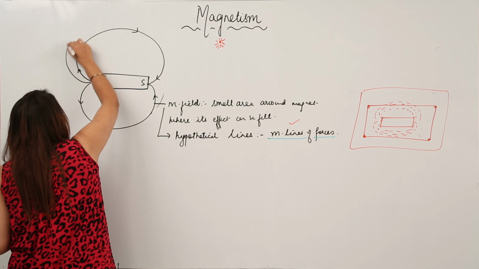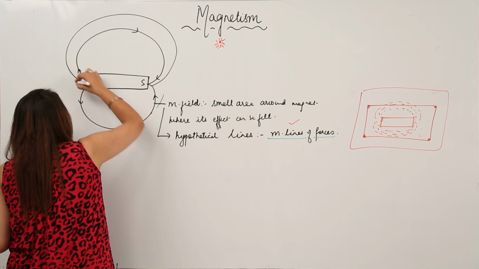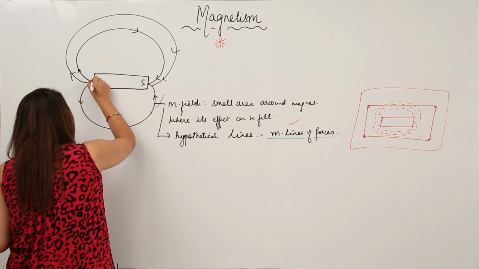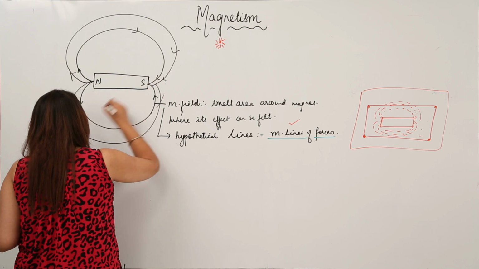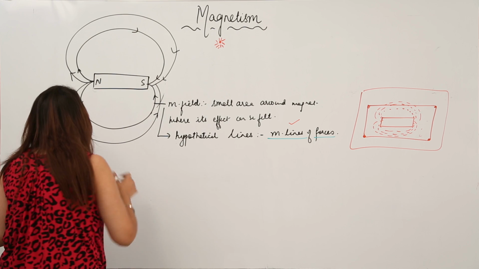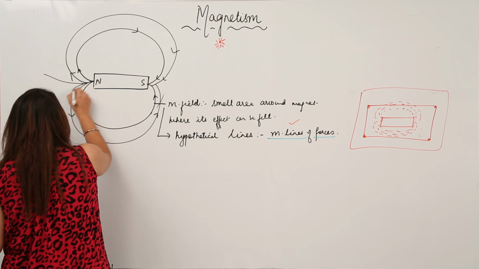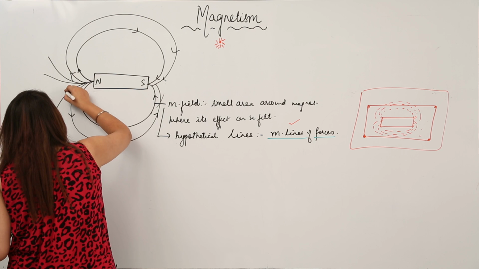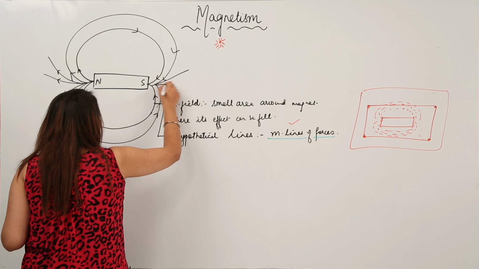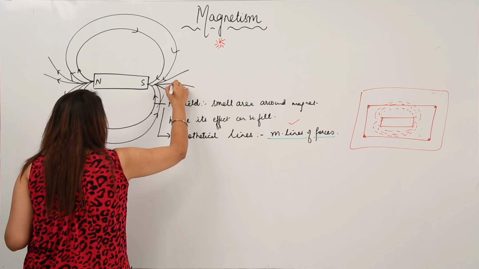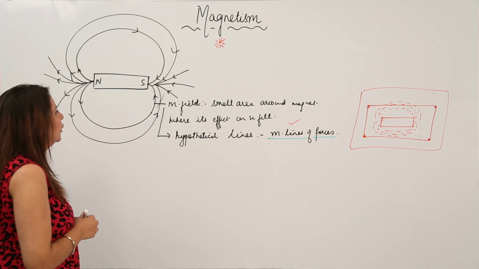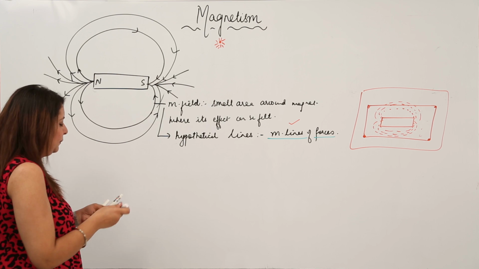Like this we can draw many lines, indicating that they are going from north to south. Likewise I can draw more downward also. As there is a small space, I can just show half lines. It is understood that they are going towards the south, entering the south. This is how you are going to draw the magnetic lines for the bar magnet.